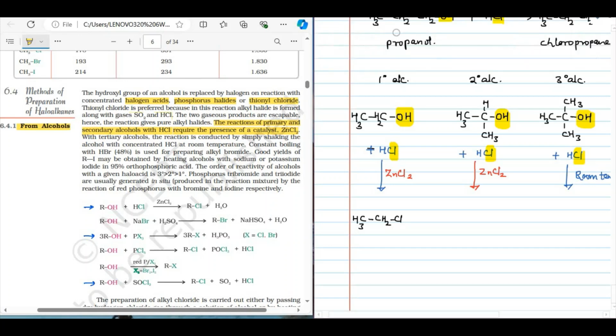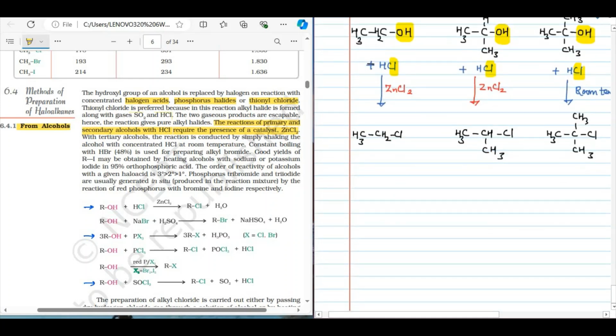So when you replace OH with Cl, you will get your product. So here it is CH3, CH, Cl, here CH3. Write down the product. In tertiary alcohol, here CH3 and here in place of OH you can write Cl. This is also CH3. So that's how this reaction takes place.